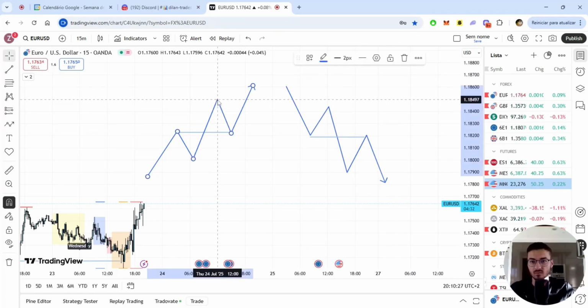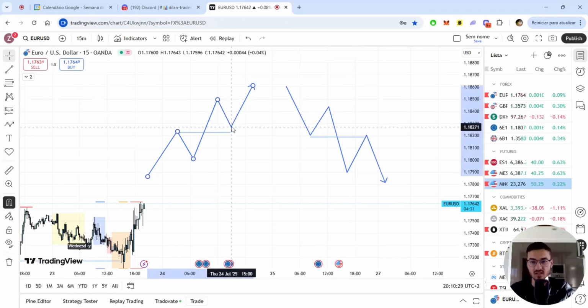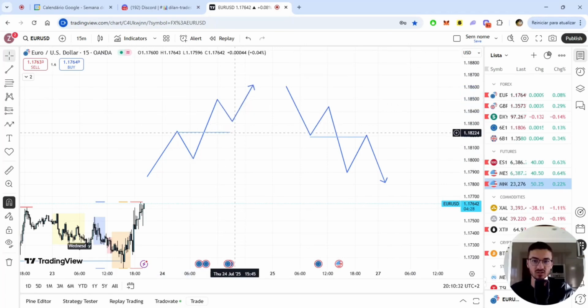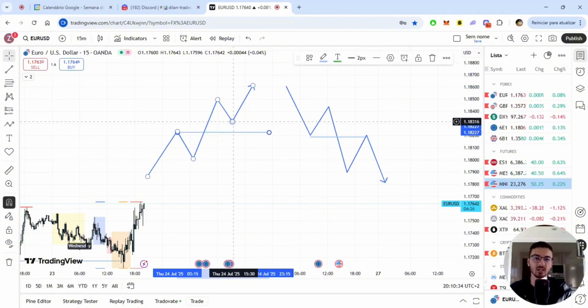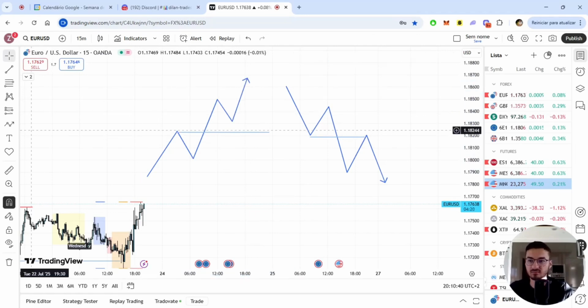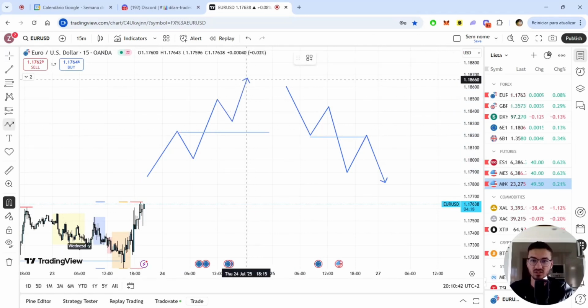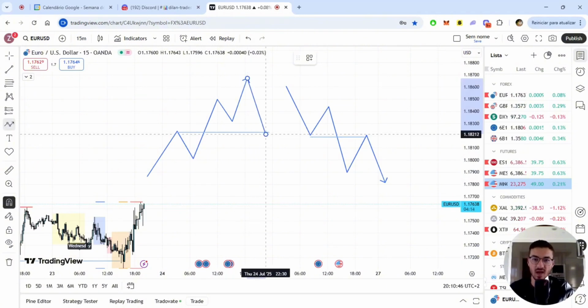And if price is inefficient, it would look something like this. Something like a low that can never test out the efficiency and just continue to run. In those scenarios, what will most likely happen is that you'll have price coming back to it while sweeping this low.